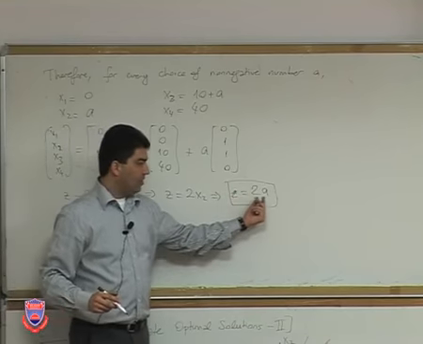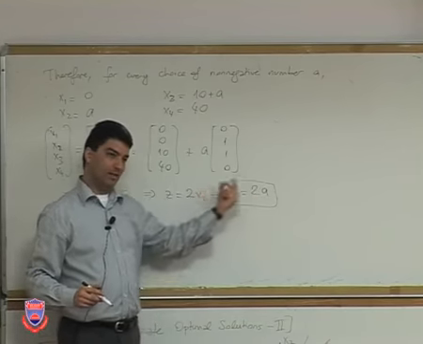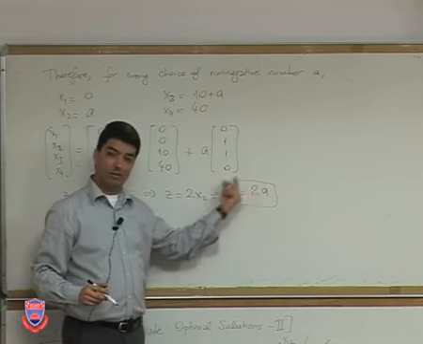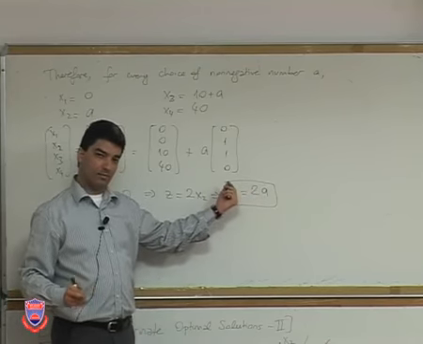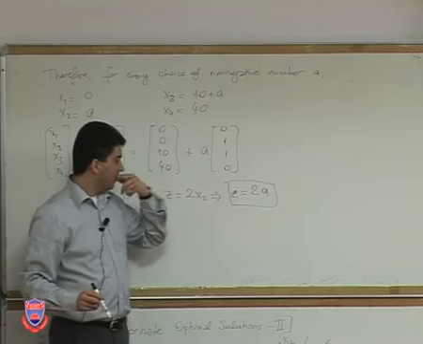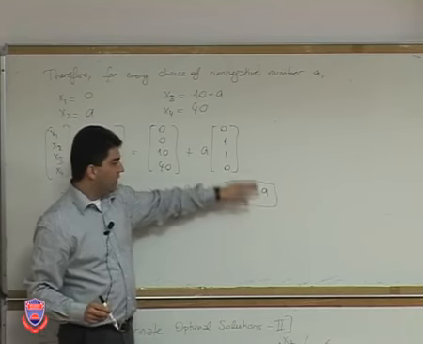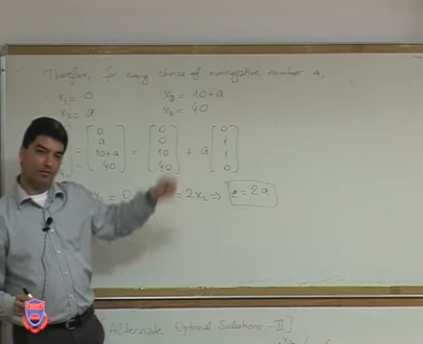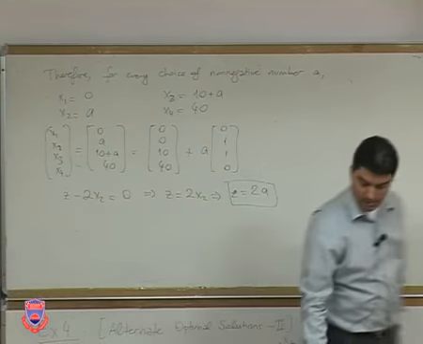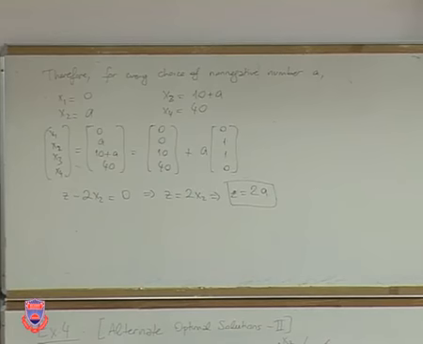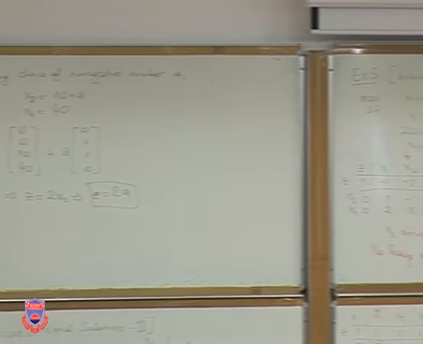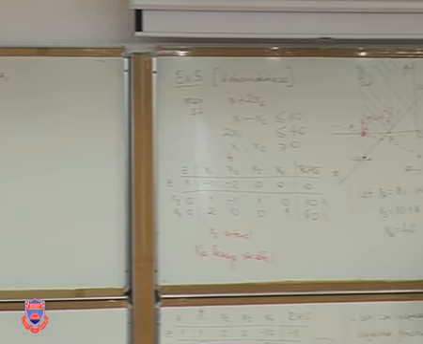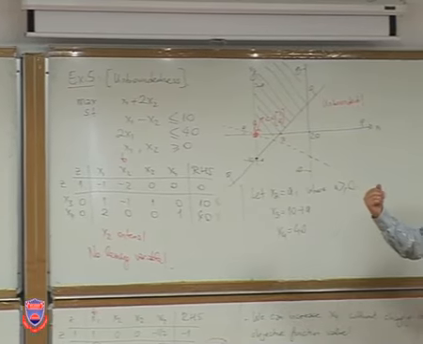And in particular, if I let a go to infinity, then z will also go to infinity as well. Does everybody see that? Okay? And I know that for every choice of non-negative value of a, I'm going to stay in the feasible region. So that means that I can actually find better and better solutions by making the value of a larger and larger, and the corresponding objective function value will be larger and larger, basically, right? Okay?